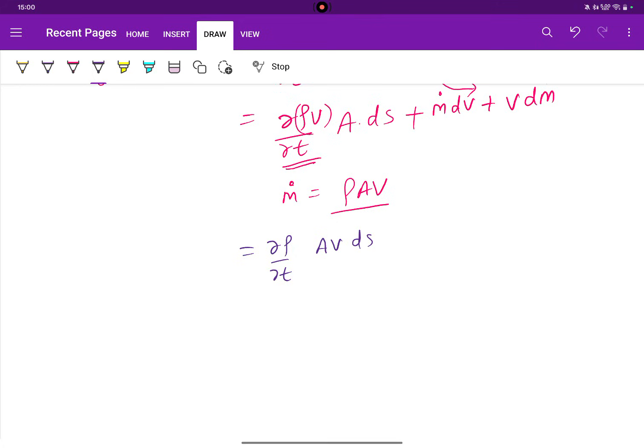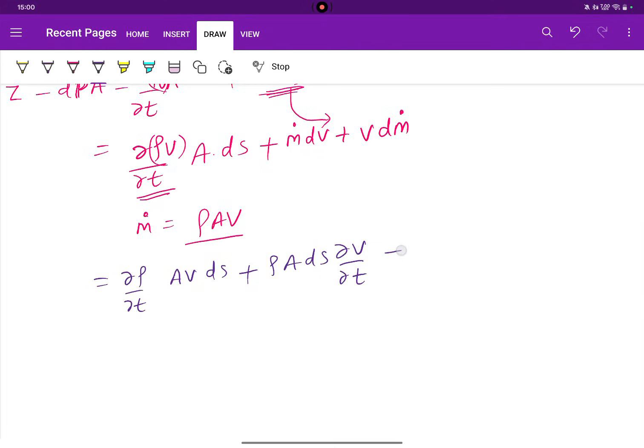Now this velocity has come out of this bracket, plus rho A ds, let me write del v by del t like this, plus rho A v dv plus v d of rho A v.